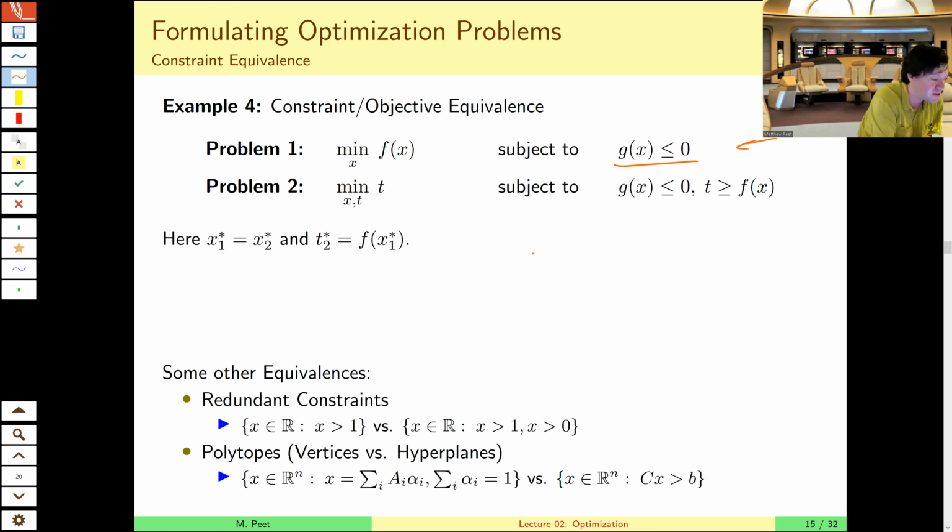So if we look at this function, here's our function f, and say this is our feasible set. So we're trying to find this point here, because we're minimizing. So we've got a function, and we're looking at the minimum value of the function over the feasible set.